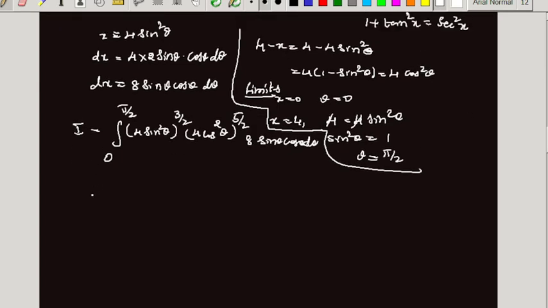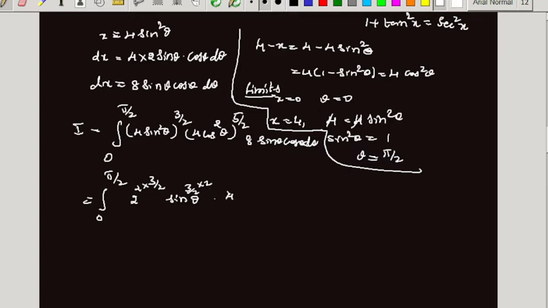Now we simplify this, integration 0 to pi by 2. Here this is 2 square, with the power 3 by 2. If we simplify, these two get cancelled and we get sin power 3 theta. If we are not familiar, we can write it as it is.